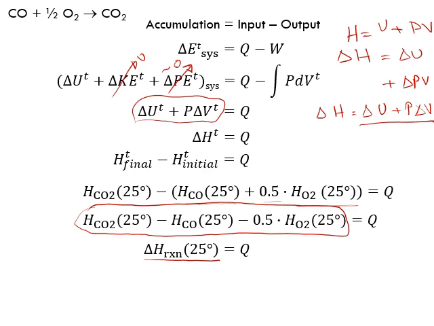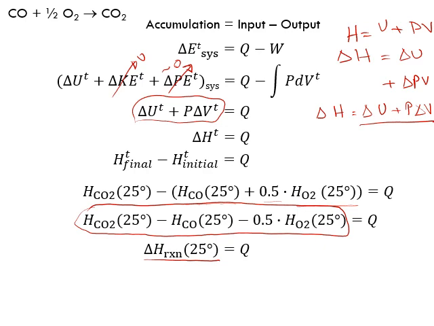Okay, what does this prove to you? This proves to you that the term delta H reaction appears in the energy balance equation, not because I started with accumulation equal input minus output plus generation. No, this is not the case. I know that energy is conserved, therefore I cannot write accumulation equal input minus output plus generation.